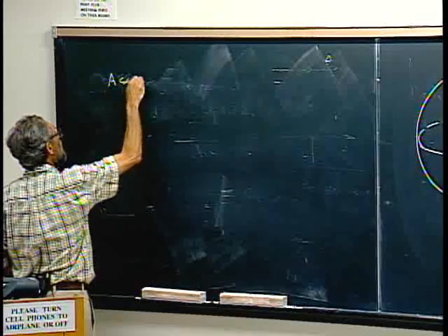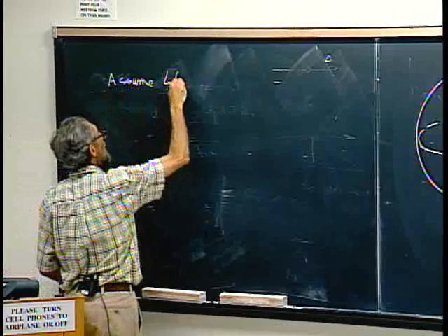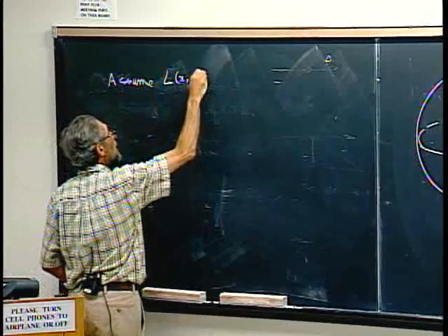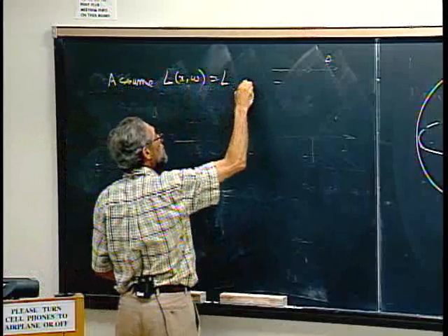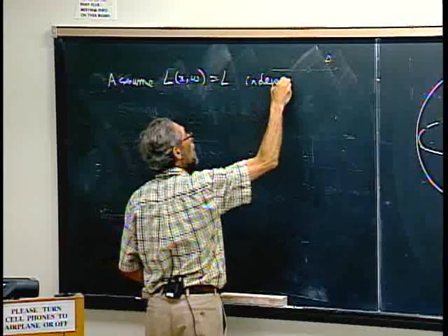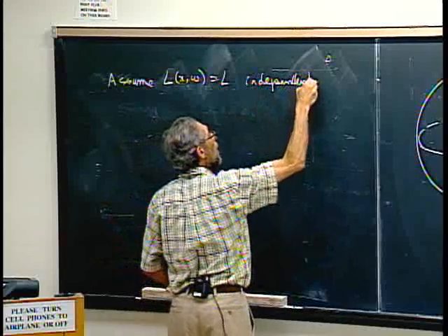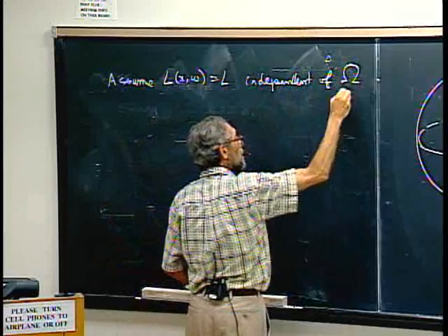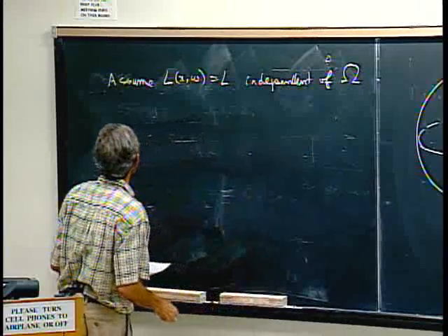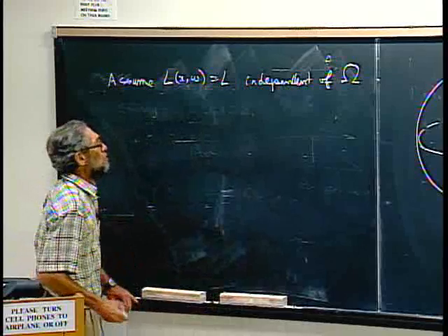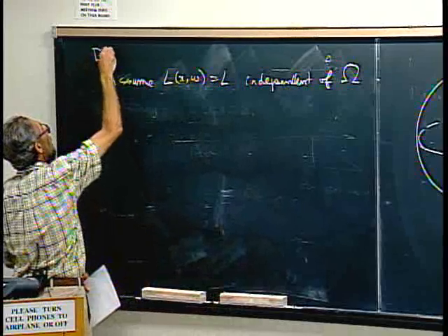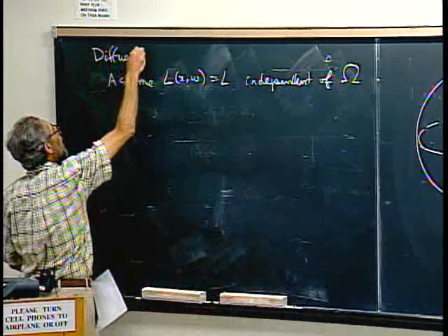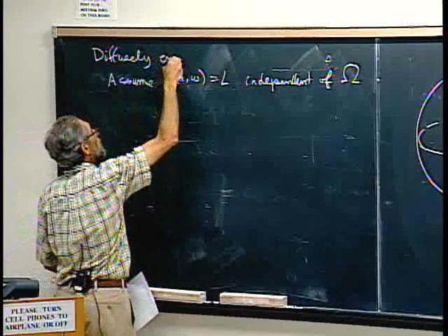Now I want to assume the light at position x, direction ω, is just a constant L, independent of ω. So this is for a diffusely emitting surface.